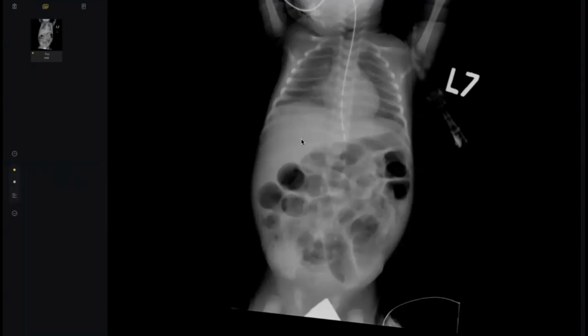Is it the patient at high risk in this X-ray? No, no, in general. In general. Okay. I'm not sure.